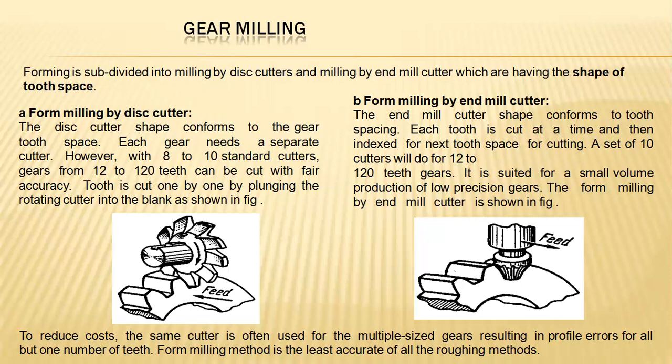So in this, the cutter will be in a fixed position, and the work part will be moved with respect to the cutter by maintaining a particular feed, speed, and depth of cut.